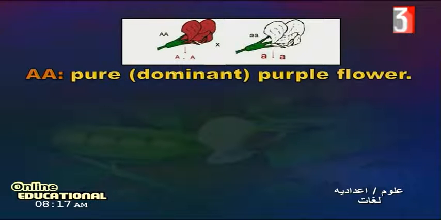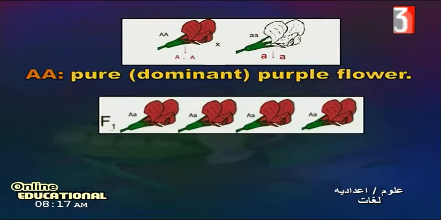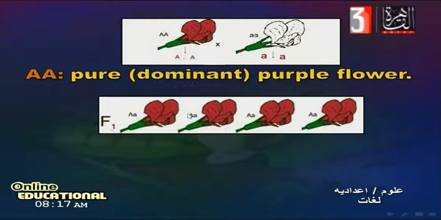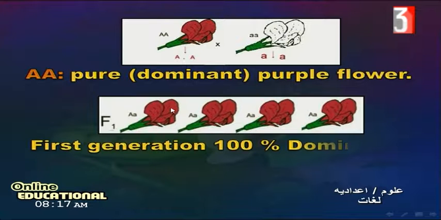When the dominant purple flower is crossed with the white flower, A small, the first generation, as shown, is all purple flower. First generation, 100% dominant.